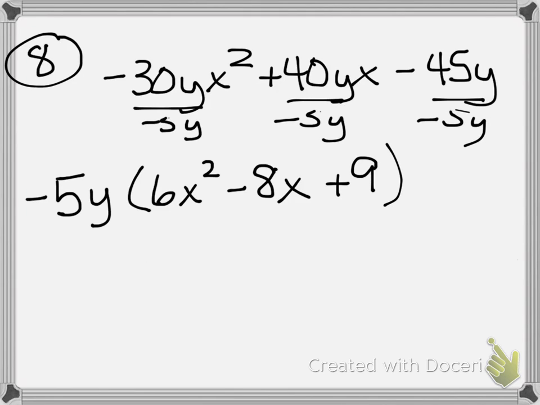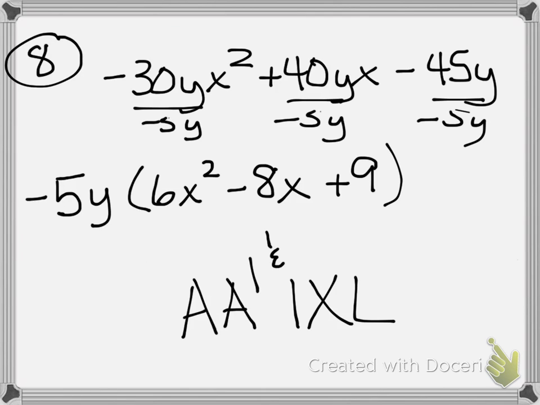Okay, so all of them that start with a negative, your GCF should be negative to get full credit on the assignment. So that's number 2, number 3, 7, 8, 10, 12, 13, 14. Probably more than half of them. Okay? Again, the other lessons, if you prefer to do the IXL, would be AA 1 and 2 on IXL.